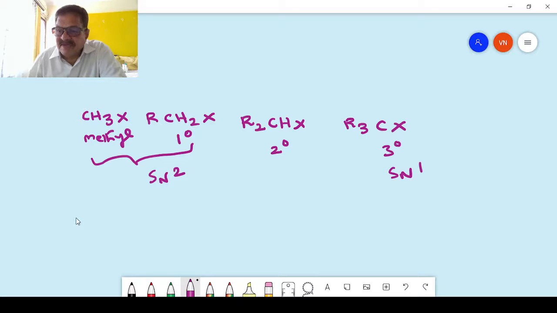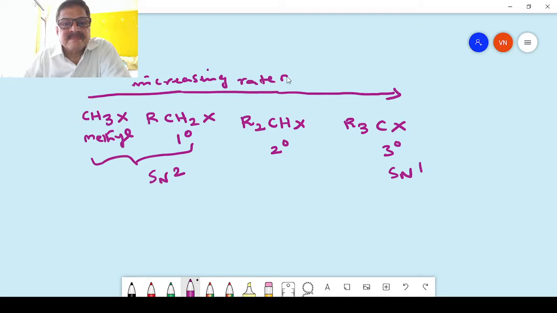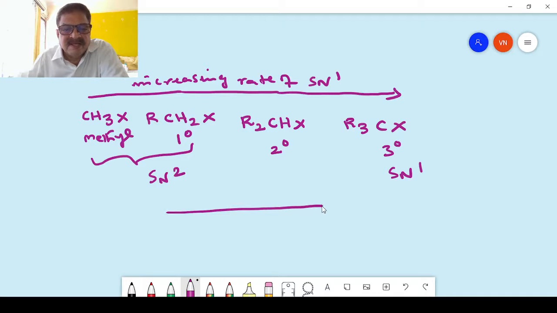From here, if you go like this, that is the increasing alkyl substitution, and the rate of the Sn1 reaction increases.